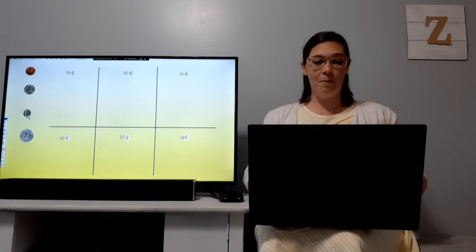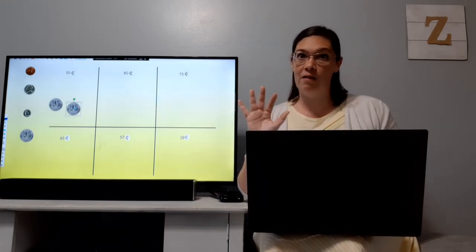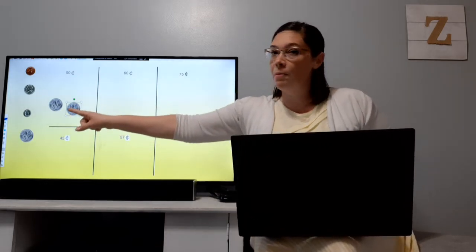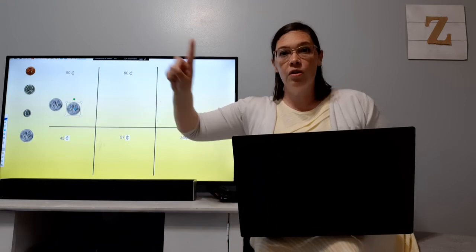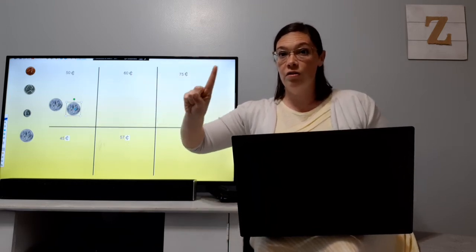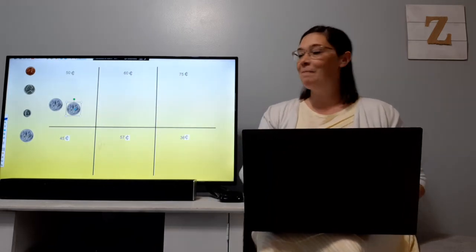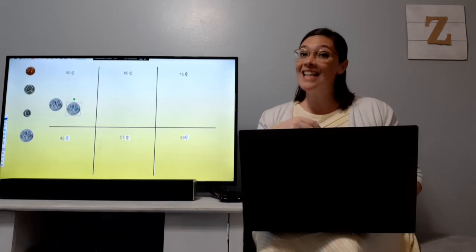Or I could put 2 quarters. Now, 2 quarters is a lot less than carrying around 50 pennies, right? Remember, we count quarters. 25, 50, 75, $1. So 25, 50, 2 quarters equals 50 cents. Pretty easy, right?